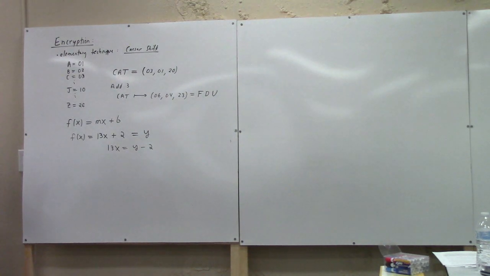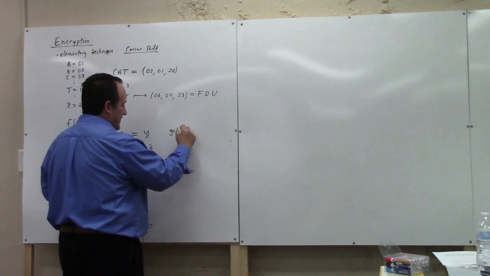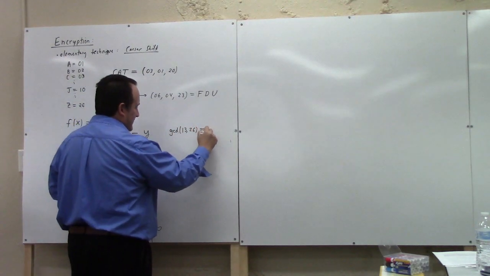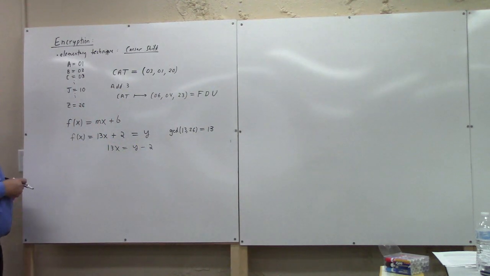Oh, no. What have you done to me? 13 has no inverse mod 26. The greatest common divisor of 13 and 26 is 13, so they're not relatively prime. 13 is not a unit mod 26.